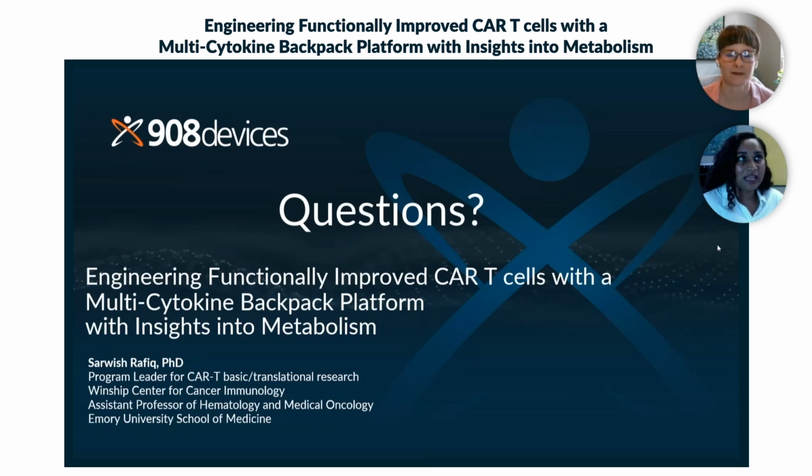But in terms of the platform, I think this could be a really powerful platform for manufacturing difficult-to-produce immune cells, such as CAR NK cells or CAR gamma delta cells. Because we can add or optimize the cytokines provided to the cells during manufacturing, we think we can maybe shorten or improve the manufacturing process for these types of cells. That would be the next approach we'd like to take with our platform.